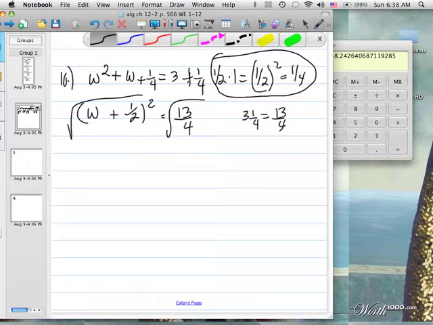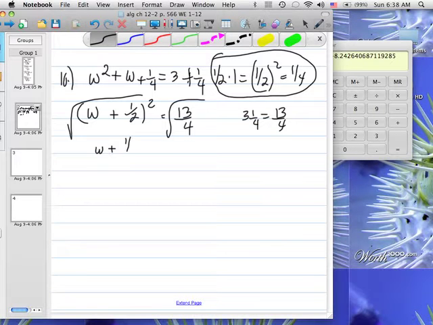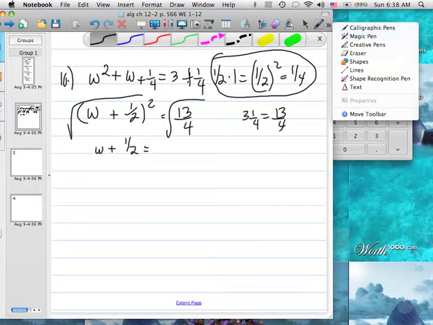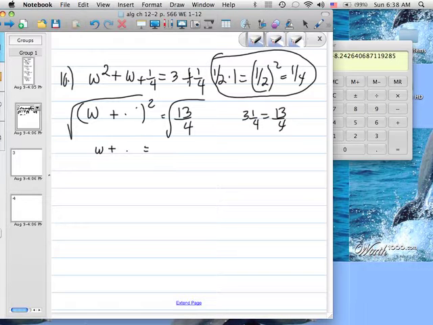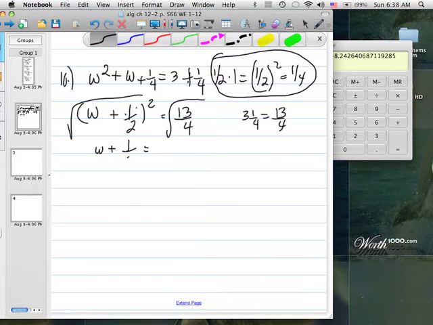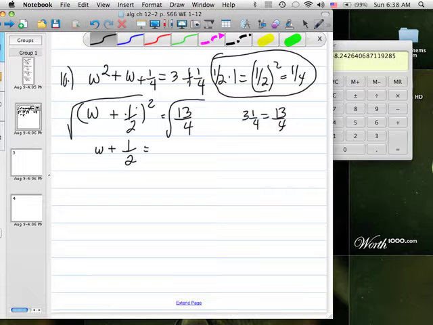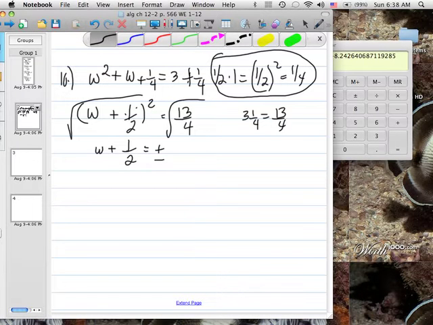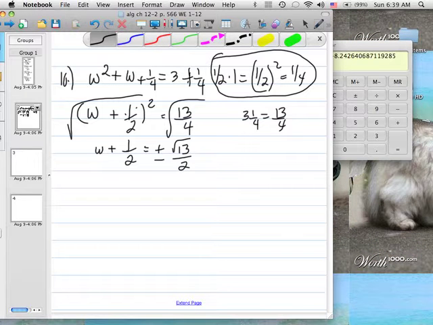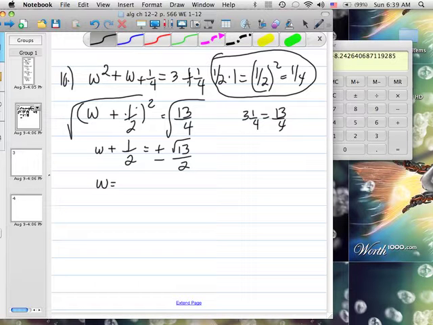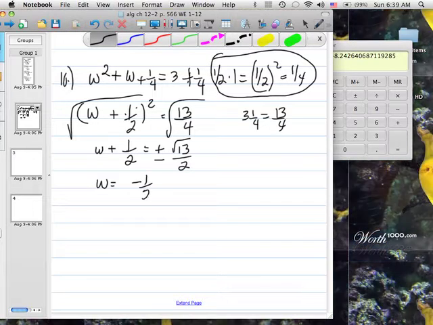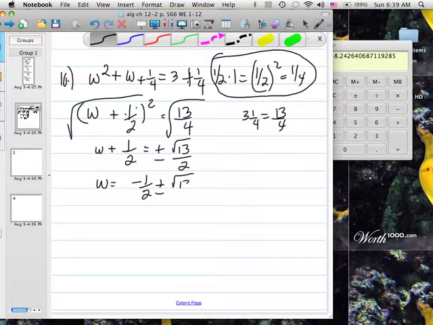Take the square root of both sides, and we get w plus 1/2 equals plus or minus the square root of 13/4, which is square root of 13 over 2, because the square root of 4 is 2. So then get w by itself by subtracting 1/2. We get w equals negative 1/2 plus or minus the square root of 13 over 2.